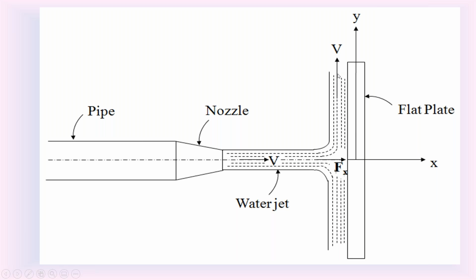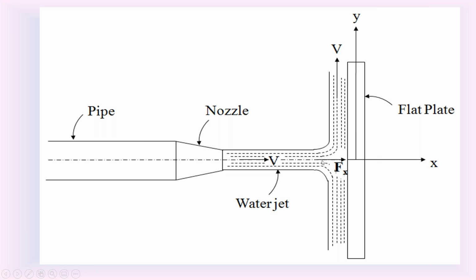So the component of final velocity v in the direction of force Fx is v cos theta, with theta 90 degrees, so v cos 90 degrees, so that becomes 0. Not the final velocity, please. Final velocity is not equal to 0, but the component of final velocity in the direction of force Fx is 0.